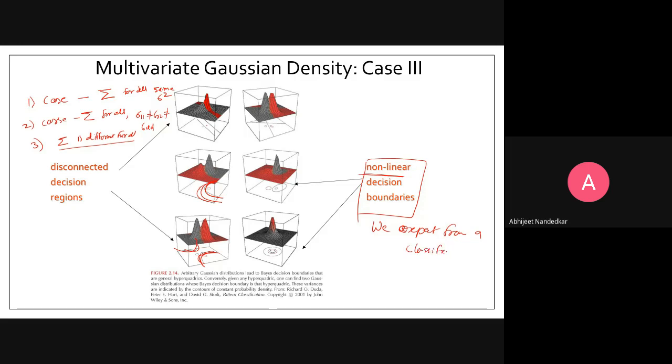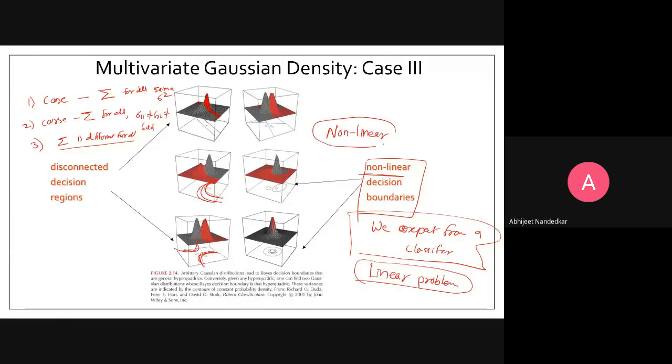A classifier is useless if it is just able to draw lines. That means it can handle only linear problems. A classifier is useless if it can handle only linear problems, because most real life problems are non-linear.